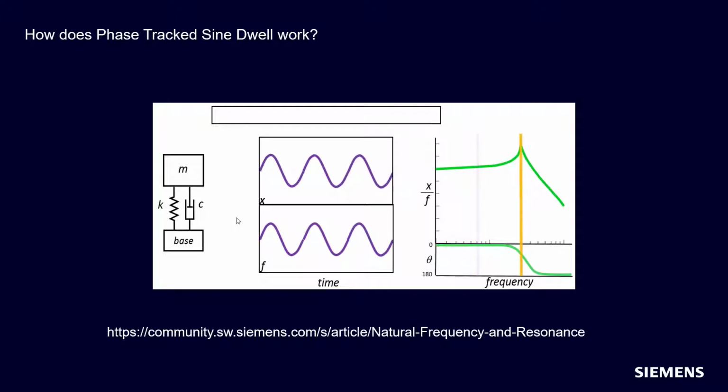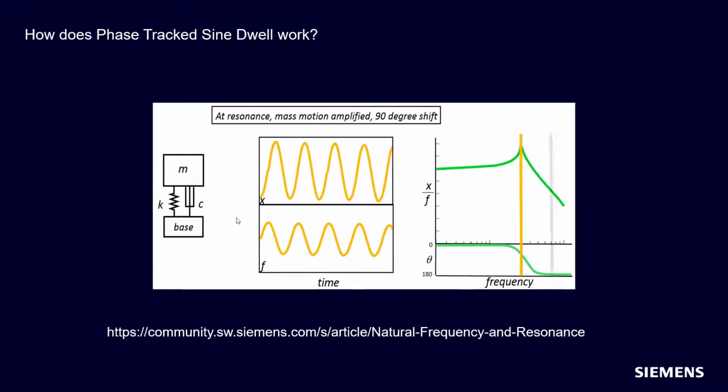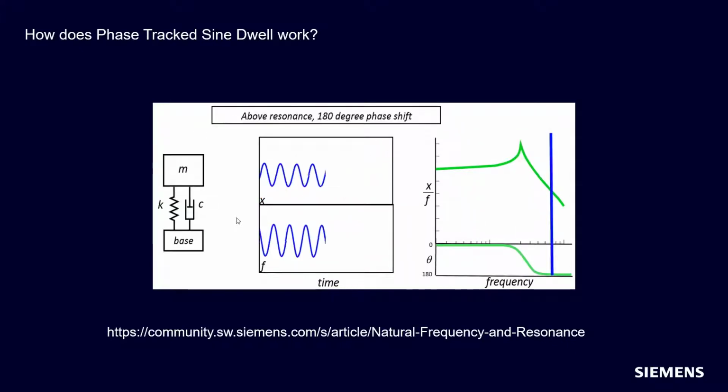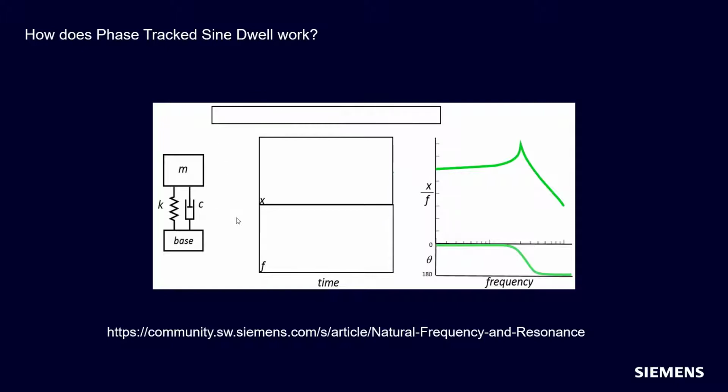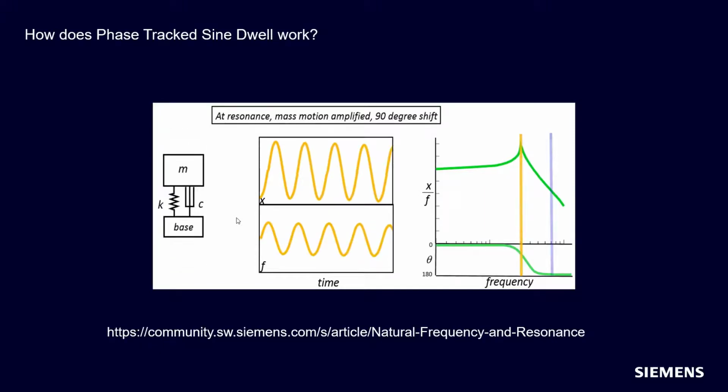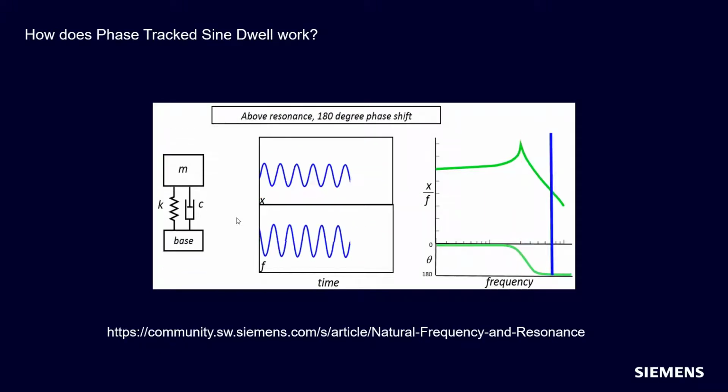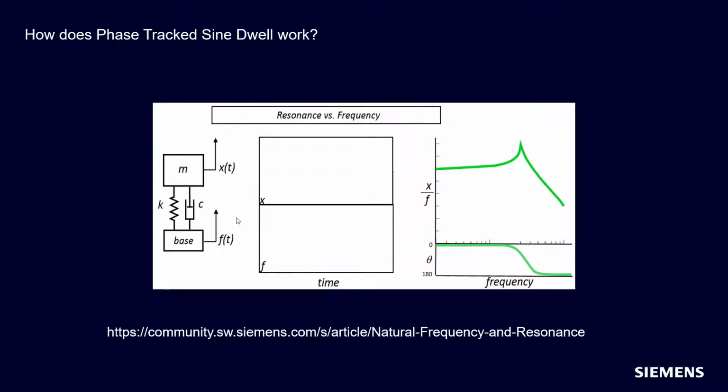At resonance, we have a lag of 90 degrees, and our response motion is higher than our base excitation. And when we get above resonance, our phase shift is 180 degrees, and our response typically is less than the level of the base excitation.